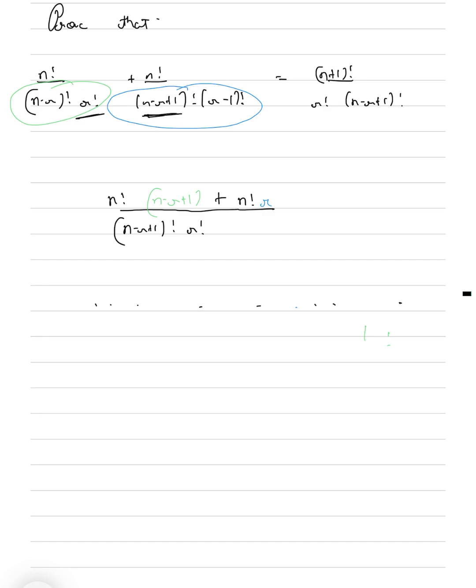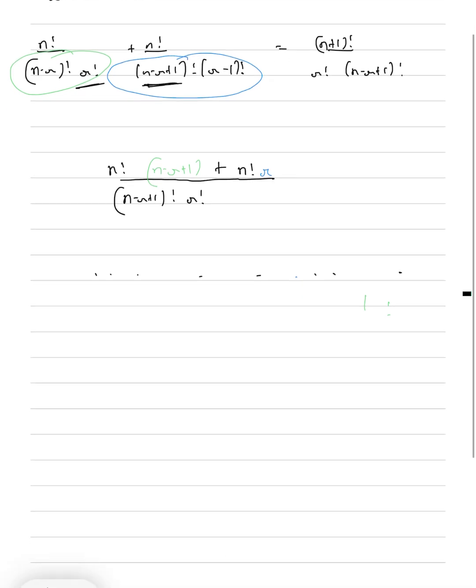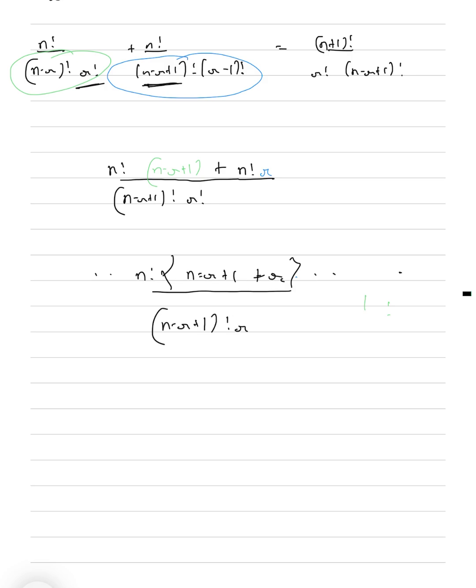we are going to get, taking factorial n common from the numerator, n minus r plus 1 plus r upon n minus r plus 1 r factorial. Cancelling r, we get factorial n plus 1 upon n minus r plus 1 factorial r factorial.